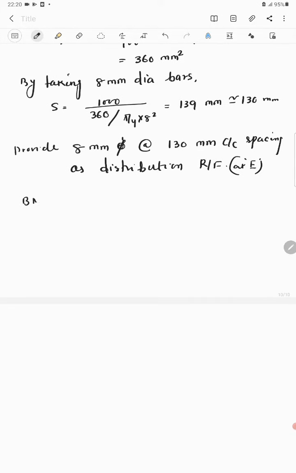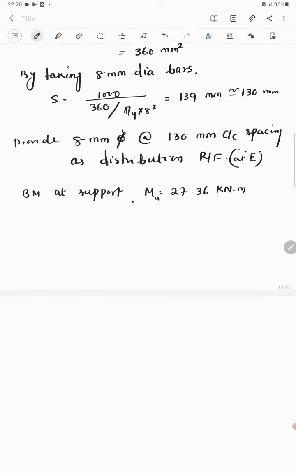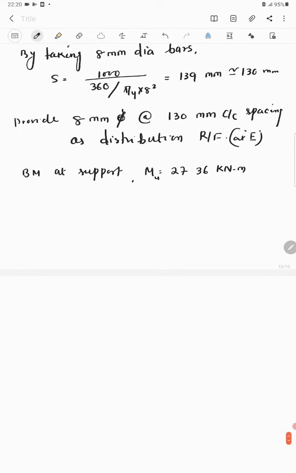Now consider the bending moment at support, 27.36 kilonewton meter. So what will be the area of steel?